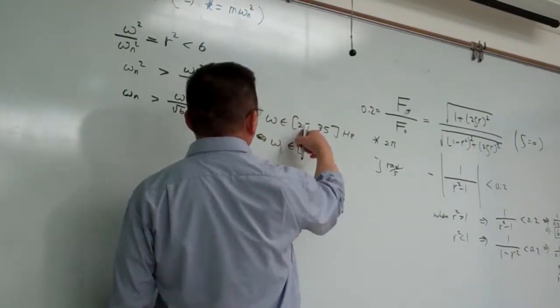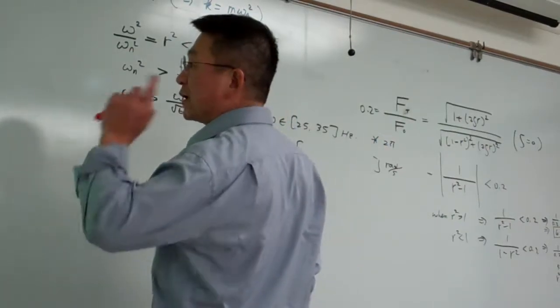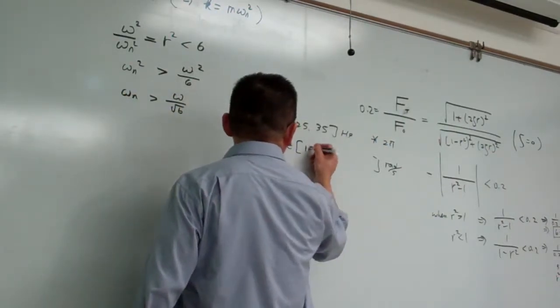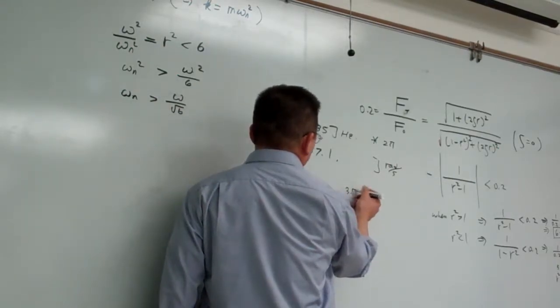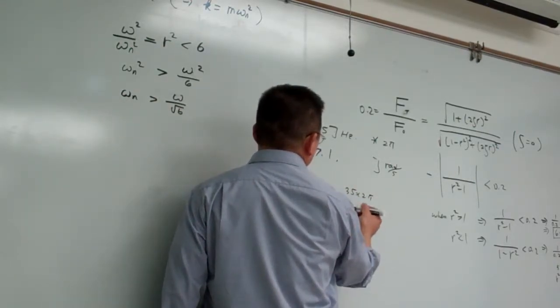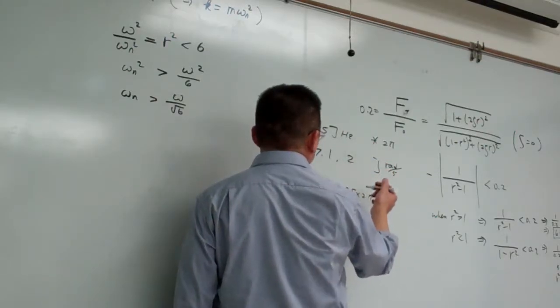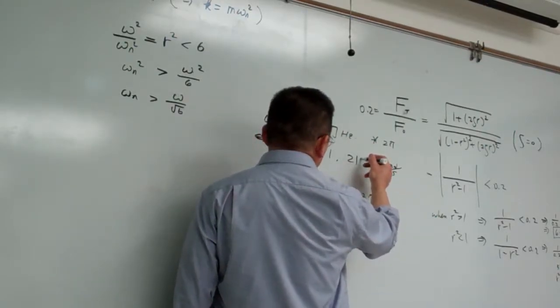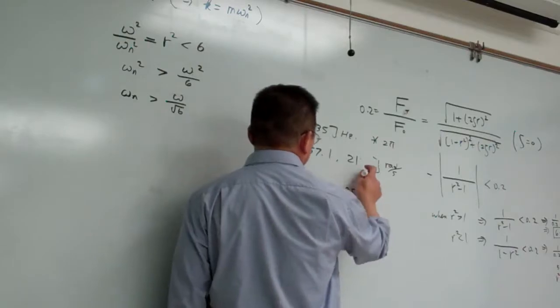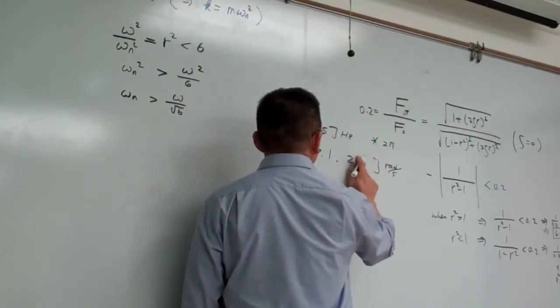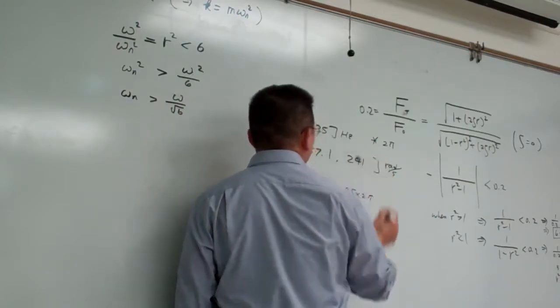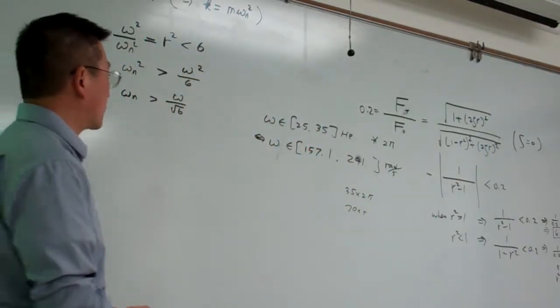Okay, so 25 multiplied with 2 pi, I think that one is 157.1. And how about 35 times 2 pi? 70 times pi, I think about 220. Maybe 241. Okay, quick calculations.